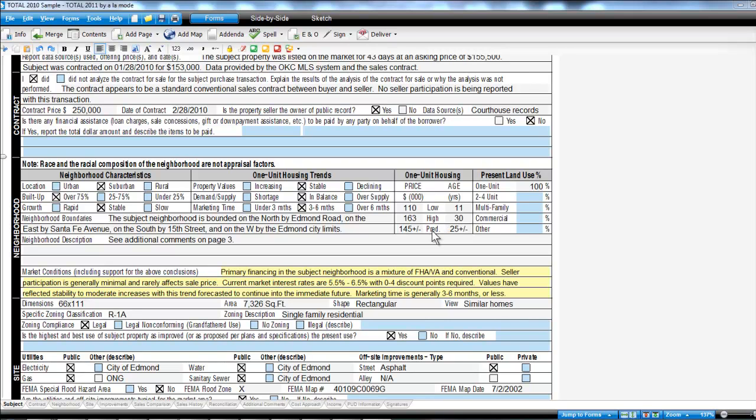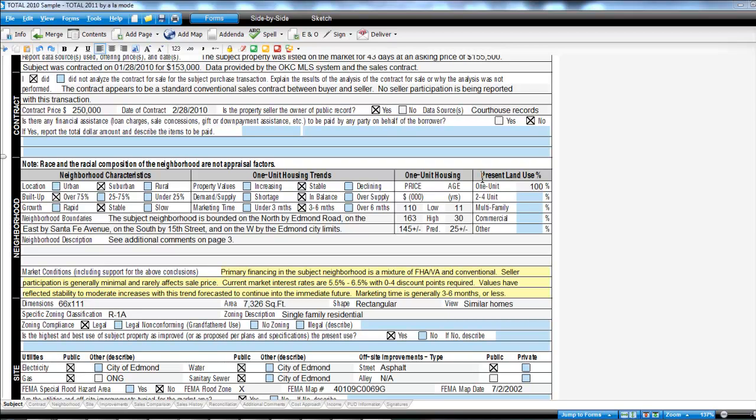Land use, again, a neighborhood is typically similar in terms of land use, and so you would expect a lot of times that it may be 100% single family residences, although because of rapid growth and some older properties that may be grandfathered out, you'll sometimes see some small pockets of commercial properties, and depending on the neighborhood, there may be some apartment buildings and a few duplexes.